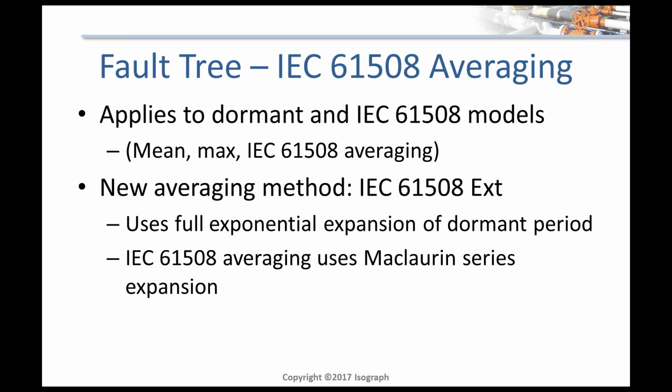There's been a new averaging method added to those three, the 61508 extended averaging. The difference between that and the regular 61508 averaging is that it uses the full exponential expansion for dormant periods, as opposed to the regular 61508, which uses what's called the Maclaurin series expansion. If I can get a little technical there.